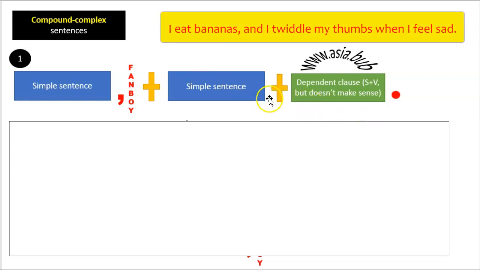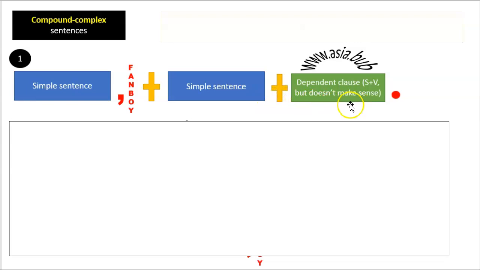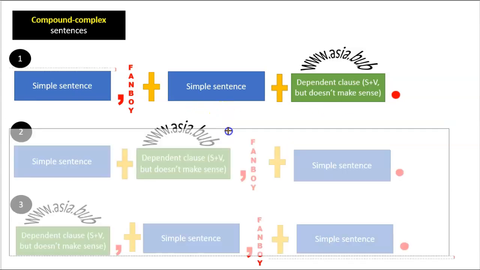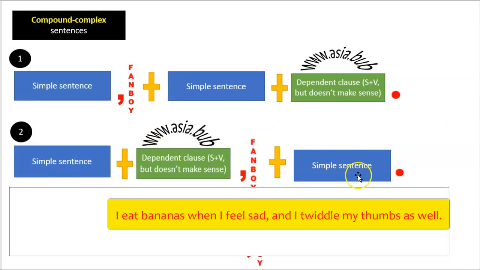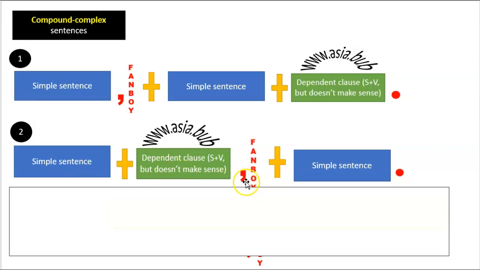Notice there's no comma right here because the complex dependent clause comes at the end of the sentence, so we don't need to add that comma. A second way to do this is to split them this way and put your two independent simple sentences at the beginning and at the end, and then put your dependent clause right here in the middle. And you're going to have a comma here, but not in front of a dependent clause.